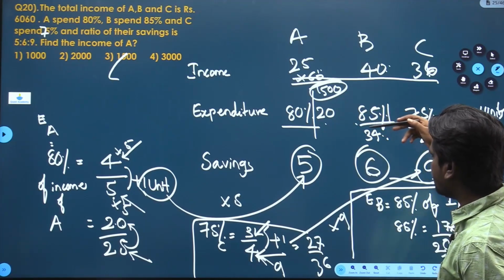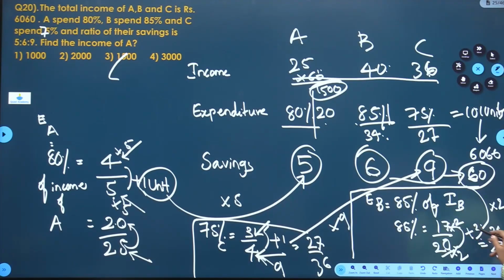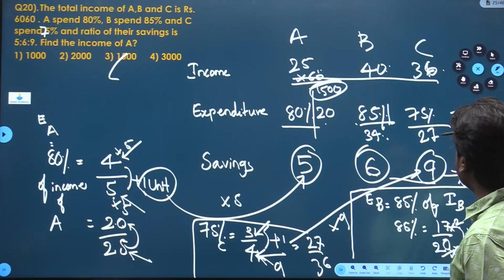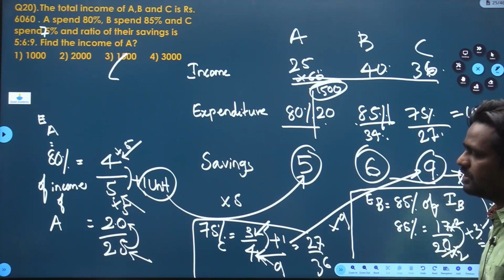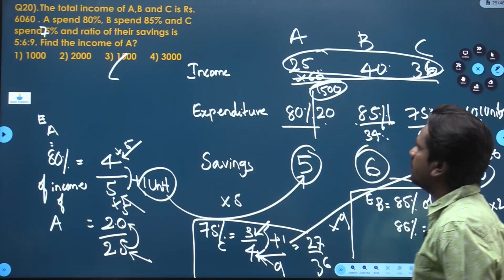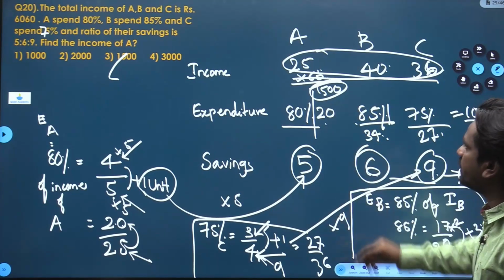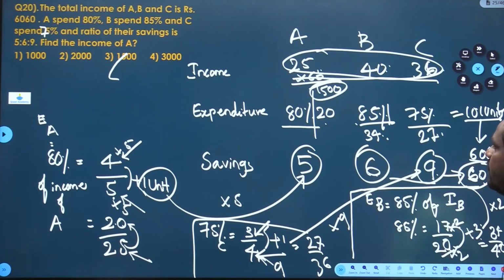From that we added all of these and got a total income of 6060. So 101 units represents 6060, and 25 units is the income of A, so 60 into 25 is 1500 rupees.